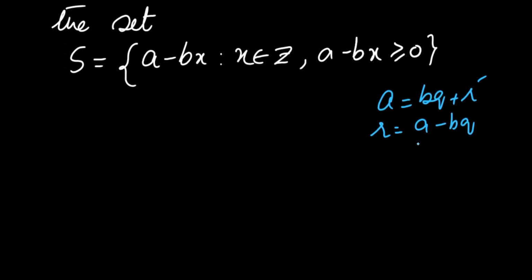So this directly motivates us to form this set S is equal to a minus bx. What does this expression show? This expression actually shows all the possible values of your remainder. So next we have to prove this set S is non-empty.